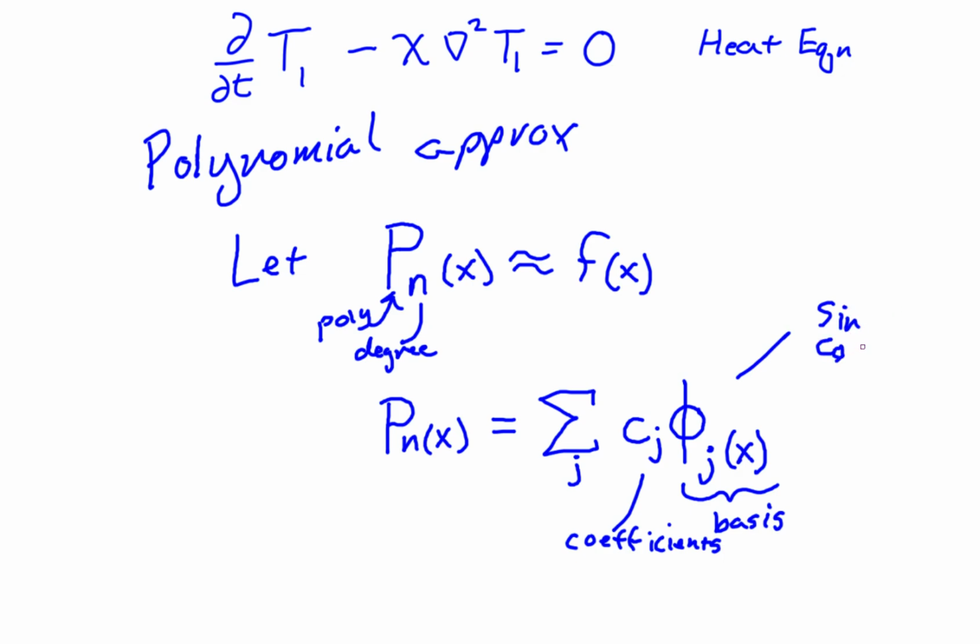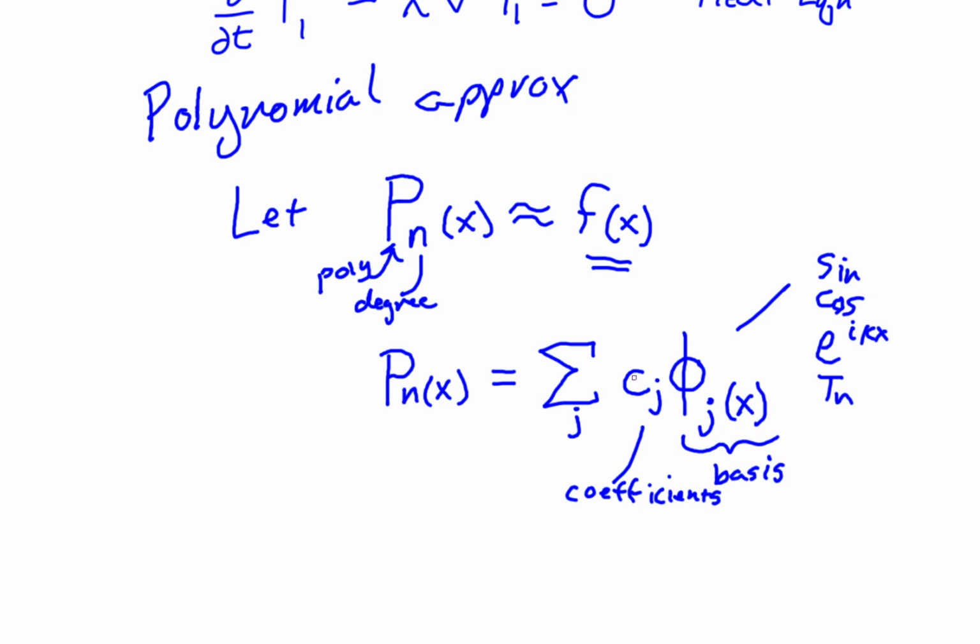They might be something like a complex exponential, e to the i k x, or they might be something more interesting like a Chebyshev polynomial or something else. But these different polynomial basis functions summed together in a linear sum can represent arbitrary functions f.